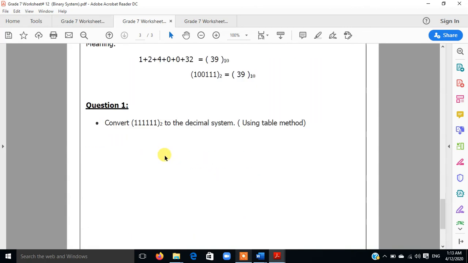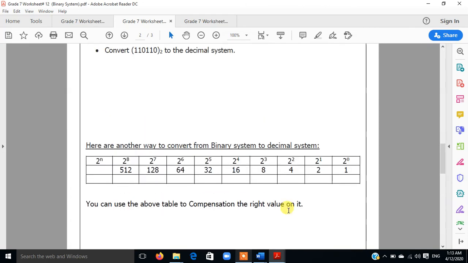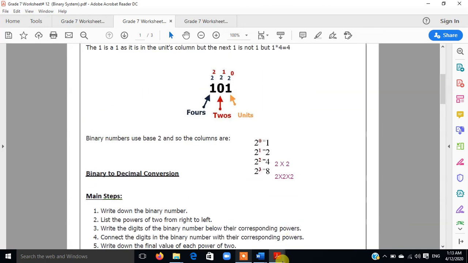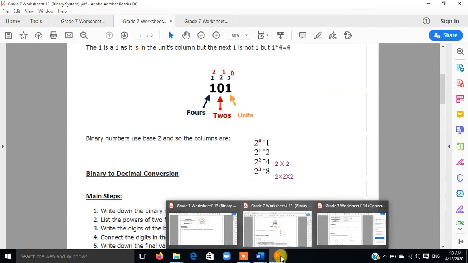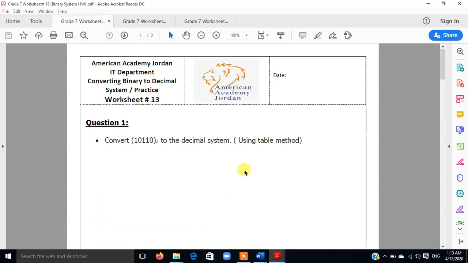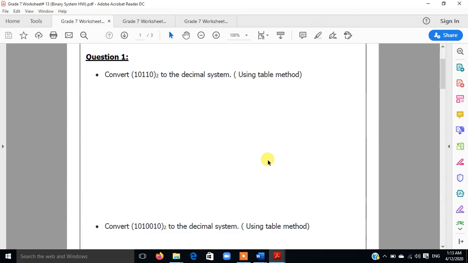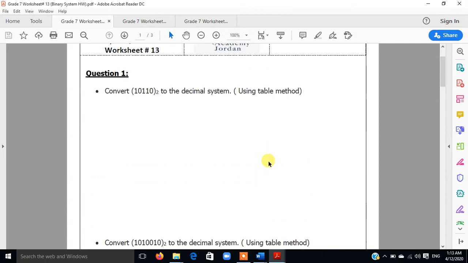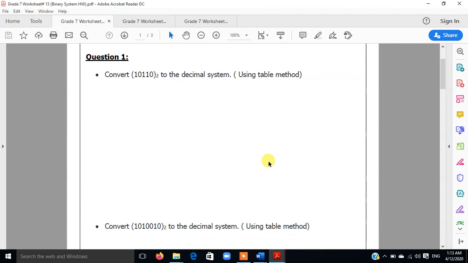I'm going to solve these questions when we have our Zoom meeting on Thursday as usual. When you finish this worksheet, you are going to go to worksheet number 13. Worksheet number 13 is converting binaries to decimal. This is your homework. I'm going to list all the details for you when I accept the homework.